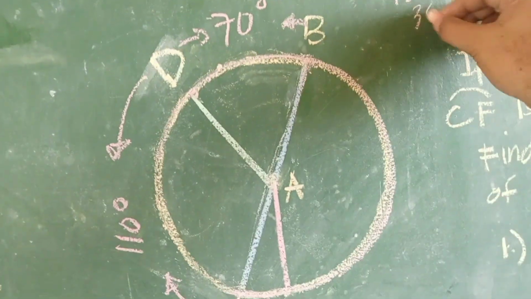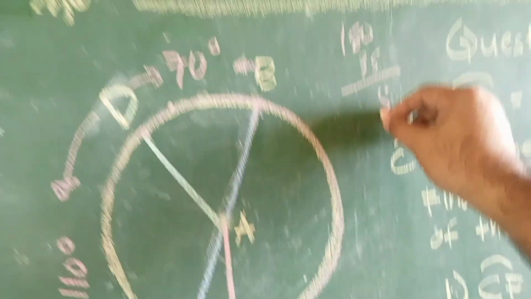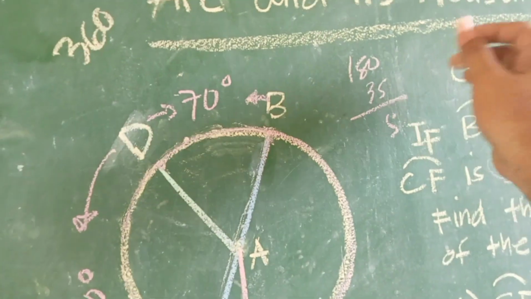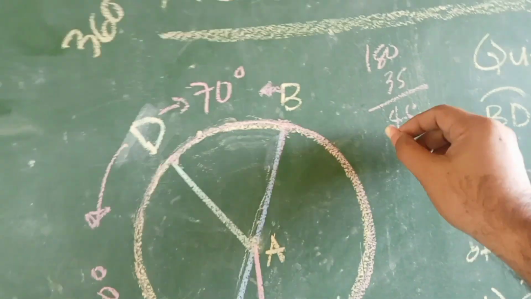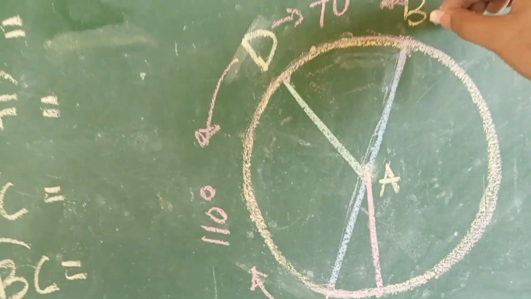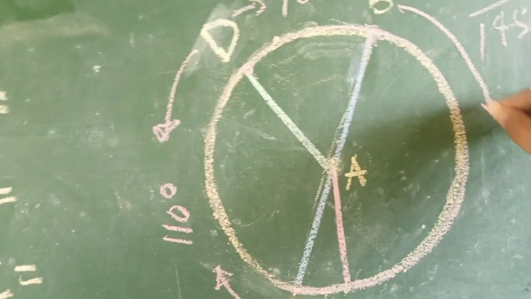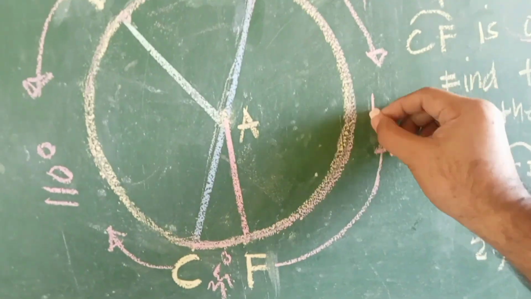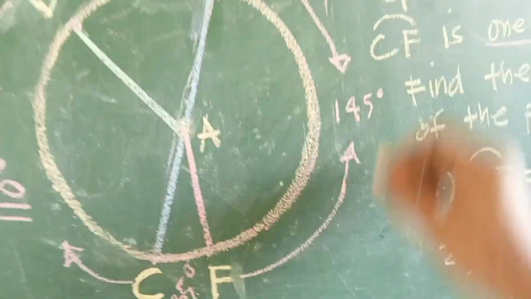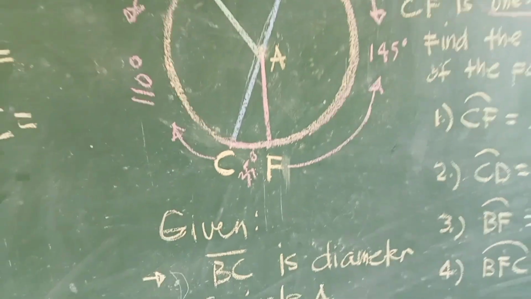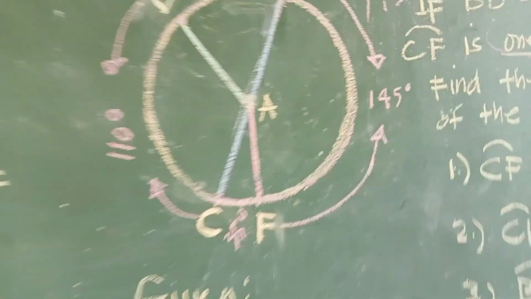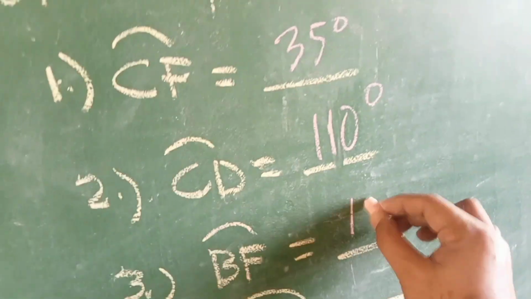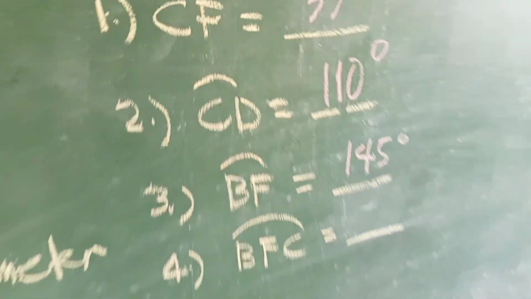So, how much? 180 degrees minus 35. It is equivalent to 145. So therefore, arc BF is equivalent to 145 degrees. So that's how you determine the measure. So this is 145 degrees.